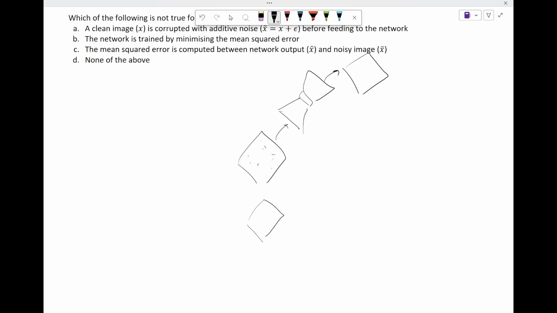You collect a bunch of clean images, and this is X. Then you create a set X tilde. From this image X, you create X tilde by adding some noise.